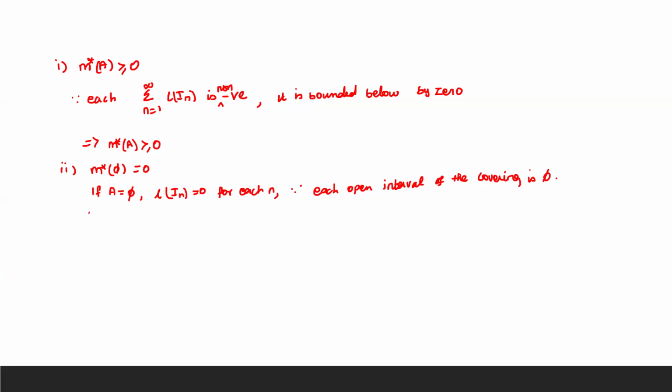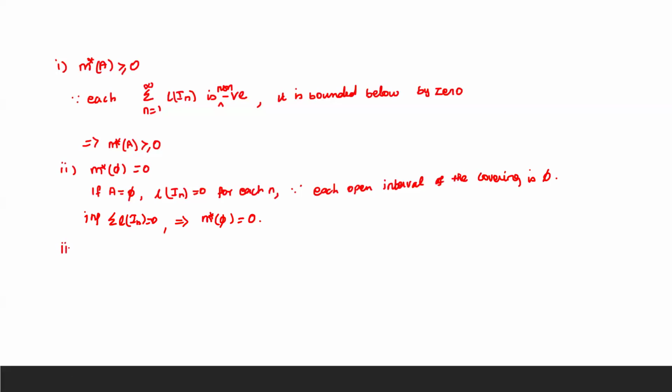Hence, we will get the infimum of the sum of lengths of I_n equal to 0. This gives us the outer measure of the empty set is 0.